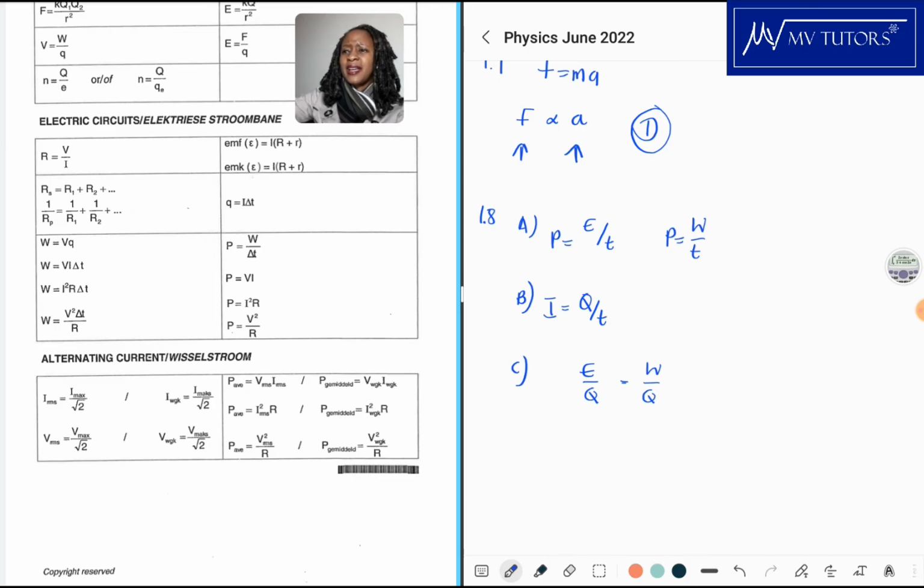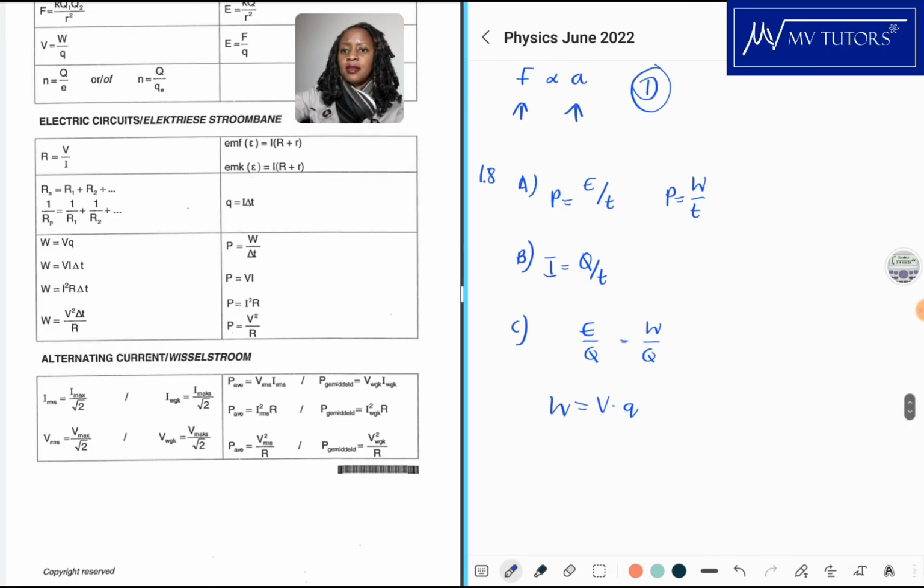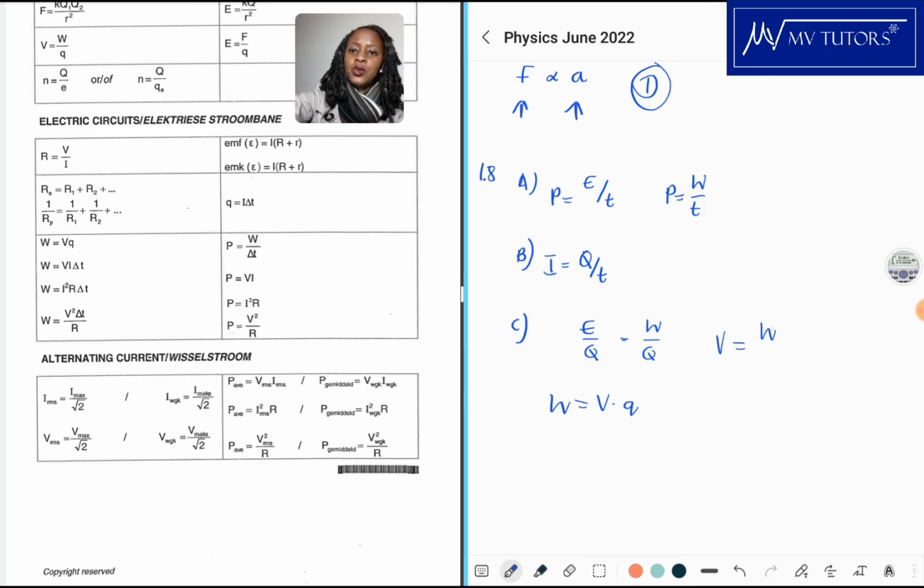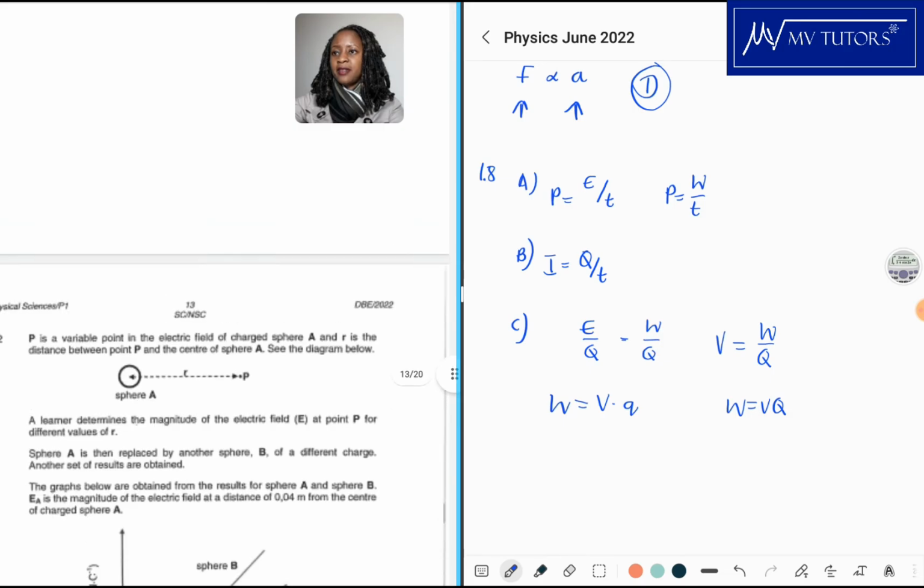Okay, so we have work is equal to the voltage times Q, small q. So basically voltage can be equal to work over Q, right? Because work is equal to voltage times Q. So we can definitely go with that.